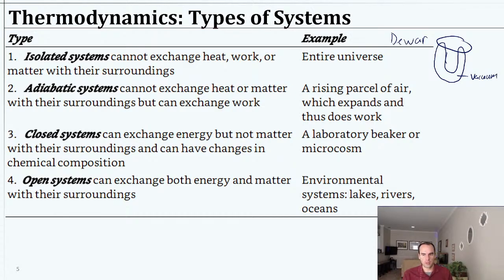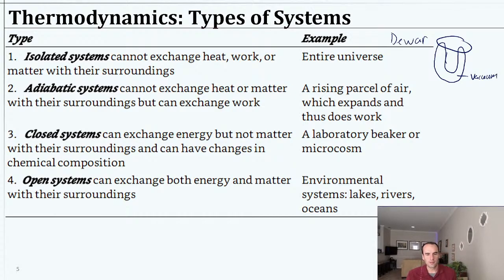So their example is if you take a parcel of air, you arbitrarily define some chunk of air that's outside, as it expands or goes somewhere, it does work, even though it might not exchange heat or the air itself with its surroundings. Or at least you could make some assumptions that a system could work that way.